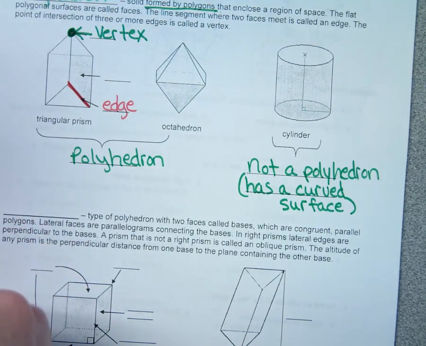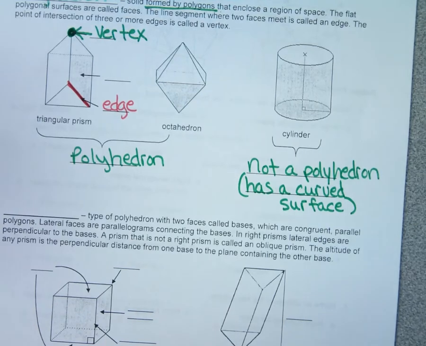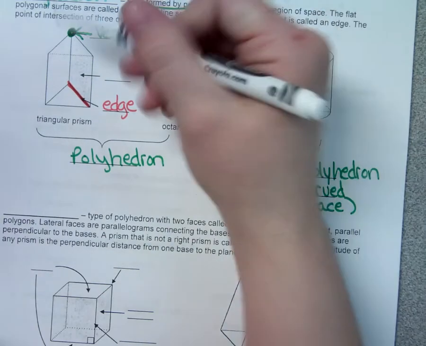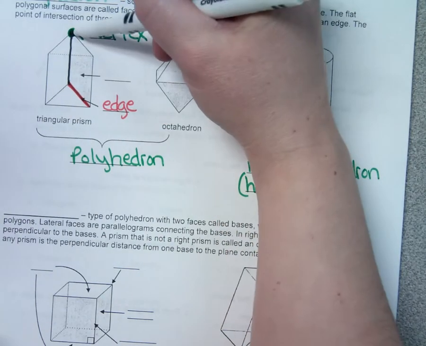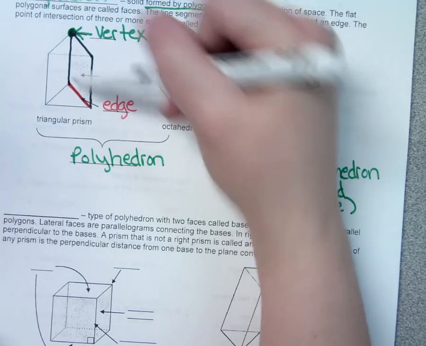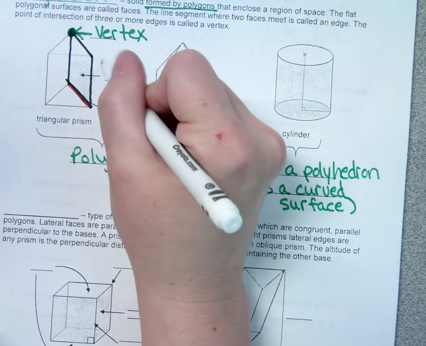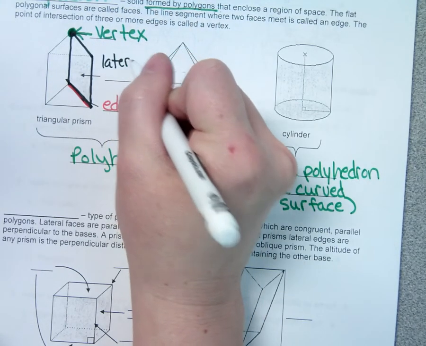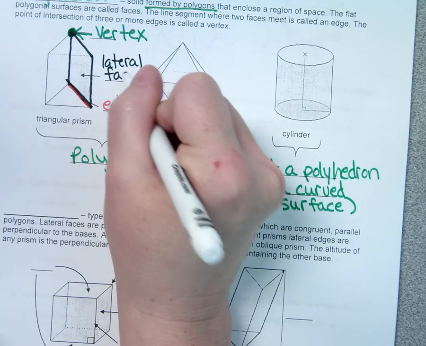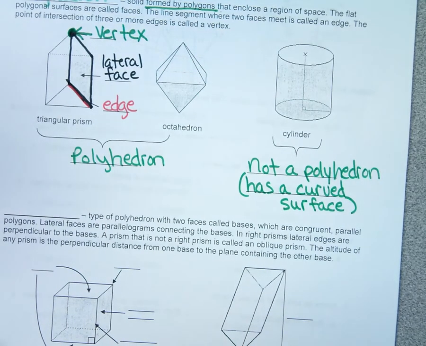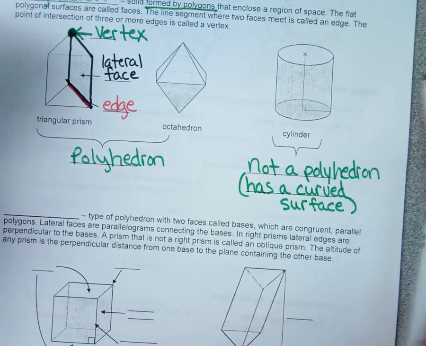And this one right here is a lateral face. It's not the base, and so I call it a lateral face. So a little terminology that we talked about yesterday, but we were going to talk more about today and some other days.